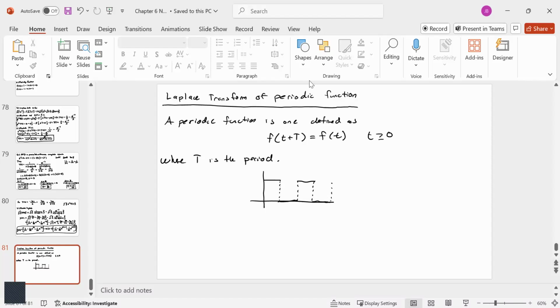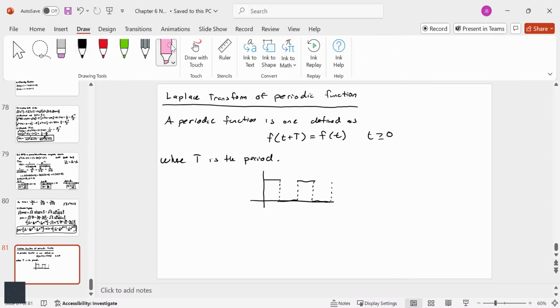Notice that if you look at one cycle, right, and we'll call this capital T right here, and this is 0, the function basically repeats itself every T. So it's the same function between 0 and T and T and 2T. Basically, this allows me to say that this function is the same thing between this period. It just makes life easier for us. That's all it is, a convenience thing.